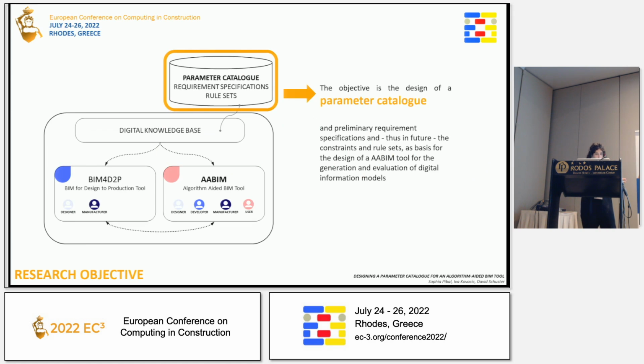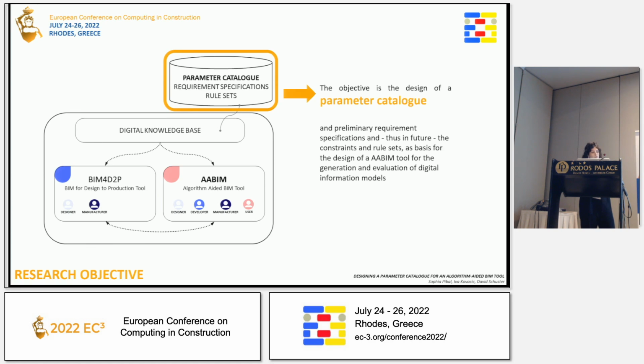So the objective is the parameter catalog, and in further research we are aiming at the preliminary requirements and also specifications and constraints and rule sets as a basis for the development of this tool. And this tool, which we will probably program in Grasshopper, will be connected via live connection to our BIM for design tool, so to this component.